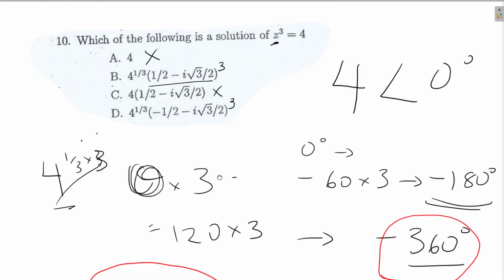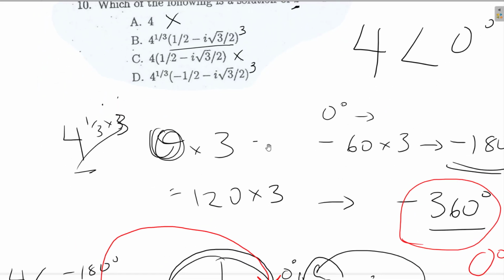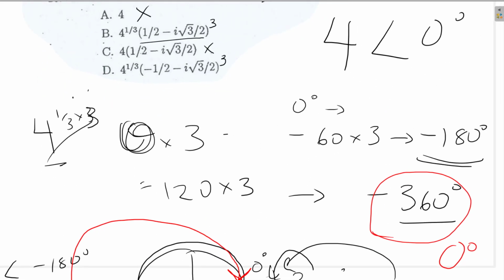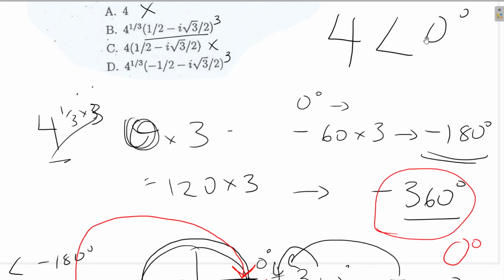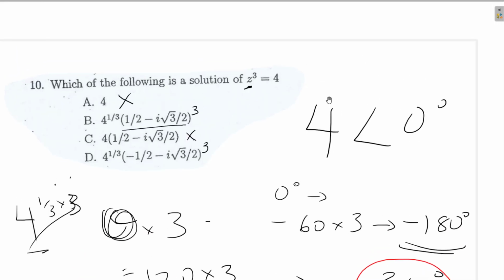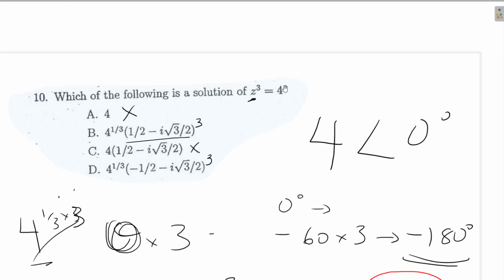So D is our answer because it gave us negative 360 degrees. When we raised this number to the power 3, we had 4 angle negative 360 degrees, which is the same as 4 angle 0, which is what our question gives us. So our final answer is option D.